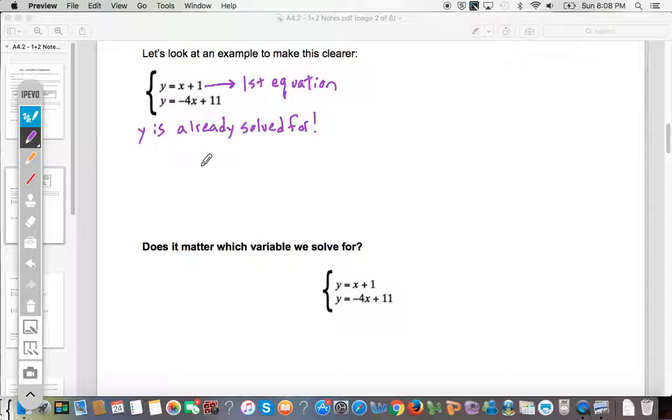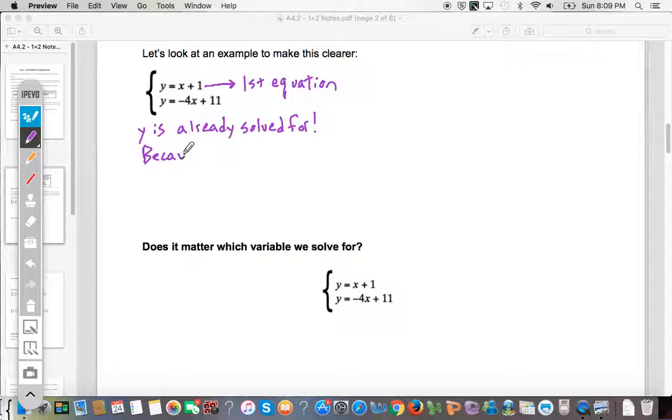We're going to come to a situation where we have to pick a variable to solve for. When we pick that variable, we want to pick the variable that has a coefficient of 1 or negative 1, because we won't have to multiply or divide by some number other than 1 or negative 1, because if we do that, we'll be left with a fraction. And of course, we can deal with fractions with these problems, but that is not ideal.